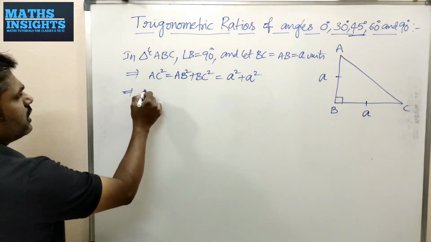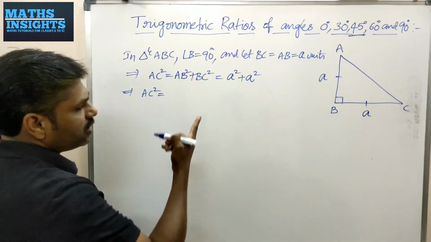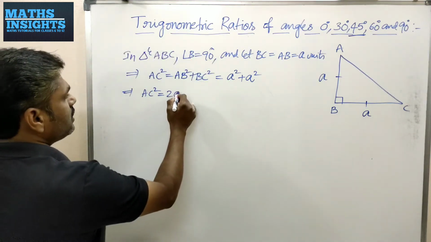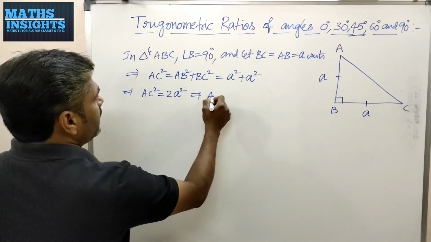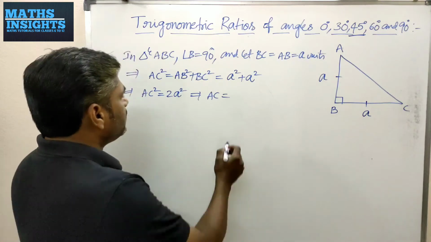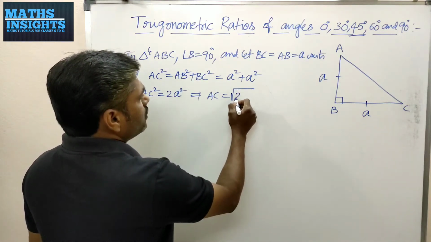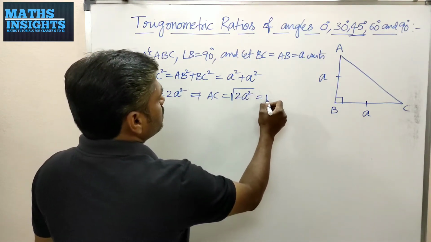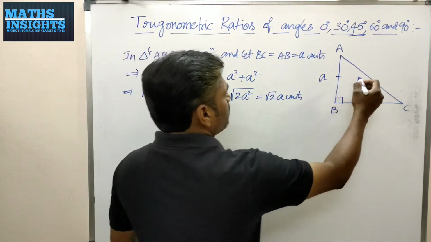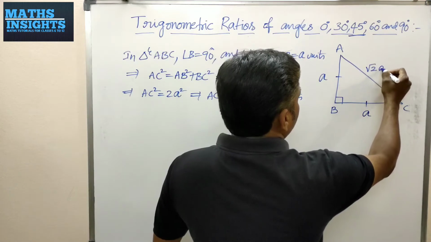That implies AC square is equal to A square plus A square, which is 2A square. Square rooting on both sides, you will get the value of AC, that is square root of 2A square, that means root 2 into A units.